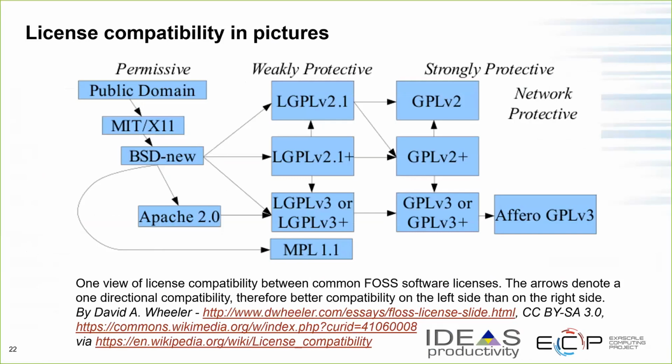So you can see basically you're going towards anything that's permissive can be combined pretty easily with things that are copyleft. Protective here means copyleft, weakly copyleft or strongly copyleft. And the result tends to be the stronger protection, right?